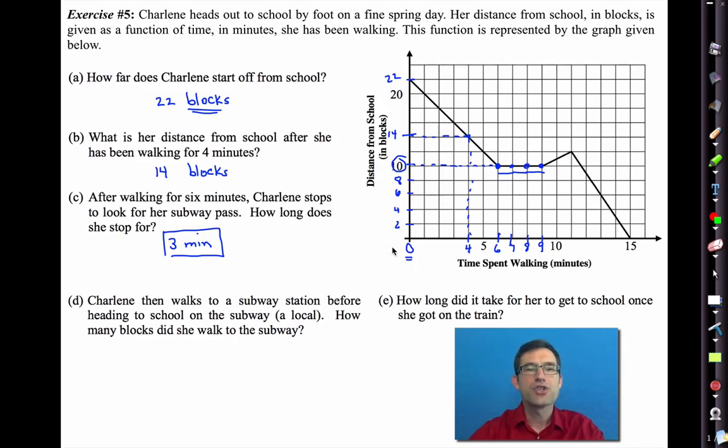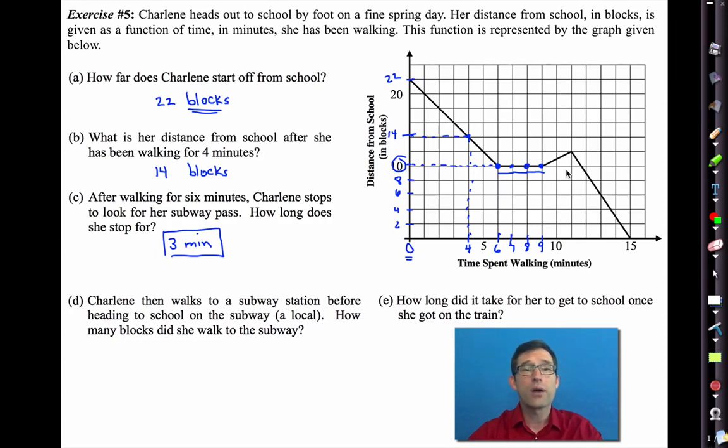Letter D. Charlene then walks to a subway station before heading to school on the subway, a local. How many blocks did she walk to the subway? Well, let's take a look. Now, as she's riding the subway to school, right, she's going to be getting closer to school. But if you've ever been walking down a sidewalk, let's say, in Brooklyn or something like that, and you pause, you might realize that you overshot the subway stop, right?